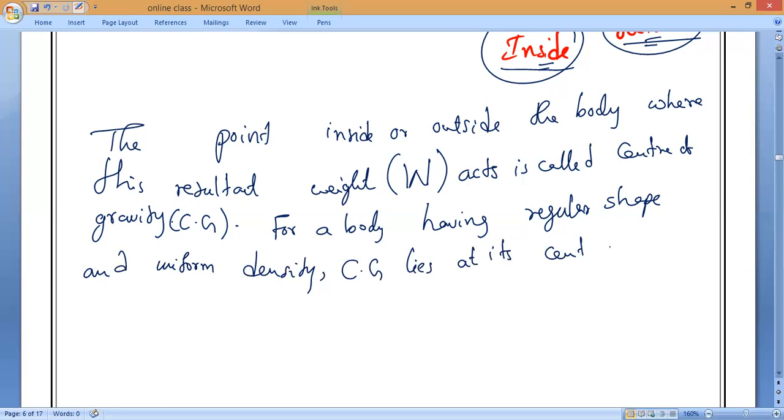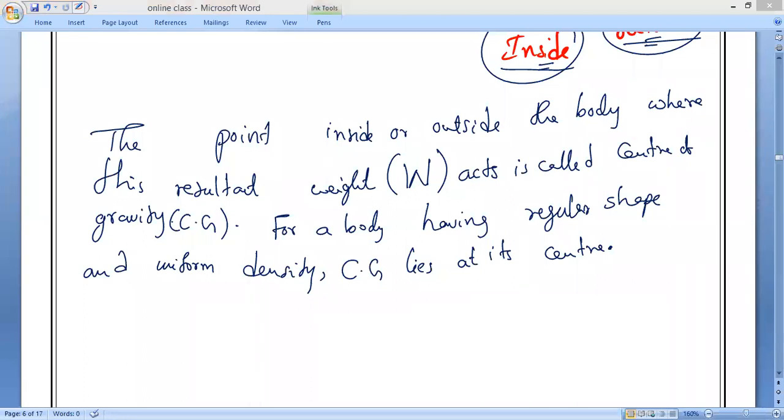Is it okay, guys? CG means what? Center of gravity. So if it is a regular shape, center of gravity lies at exactly where? At the center. Okay. Next.